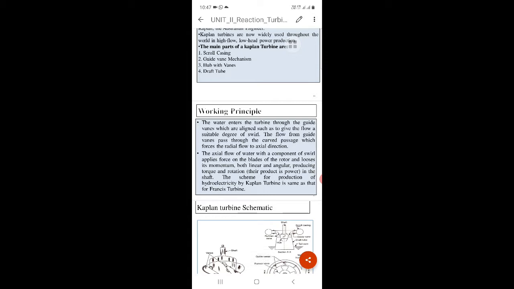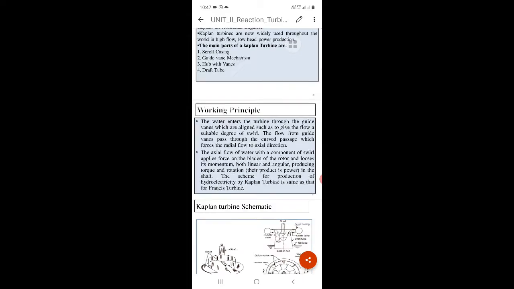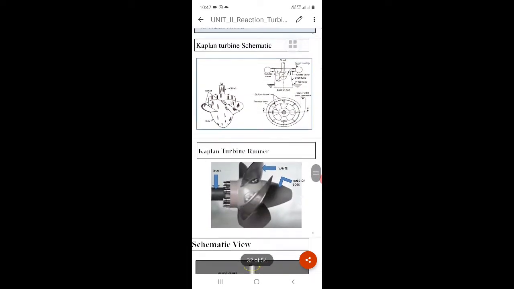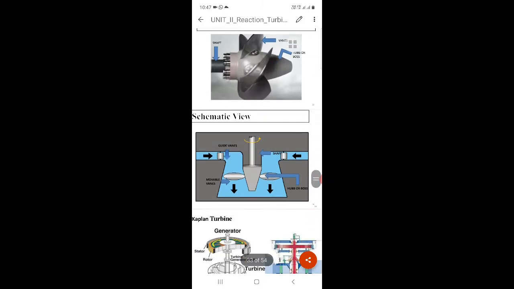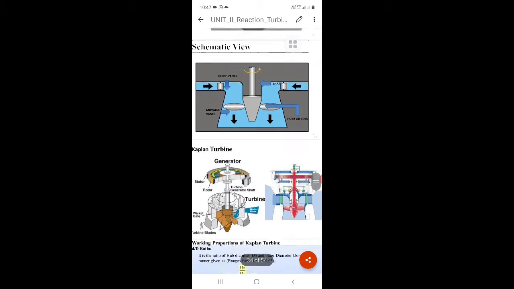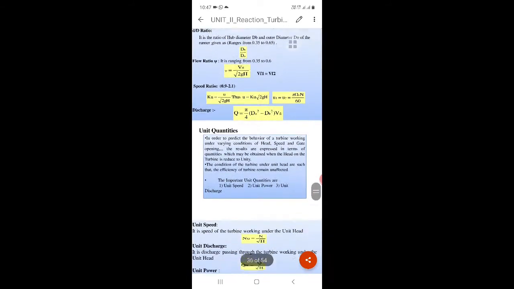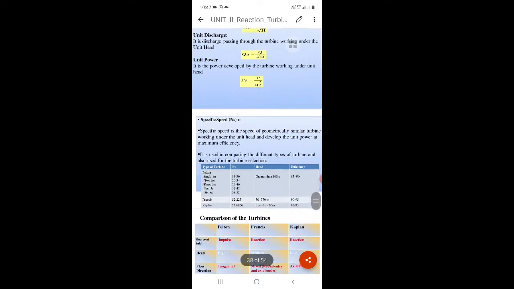So in Kaplan turbine, both linear and angular velocity are produced in the rotor. It is a hydroelectric Kaplan turbine, the same as the Francis turbine. So this is a runner, and this is the schematic view of Kaplan turbine.